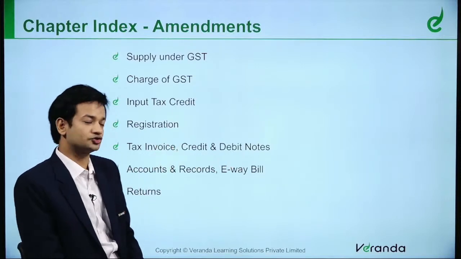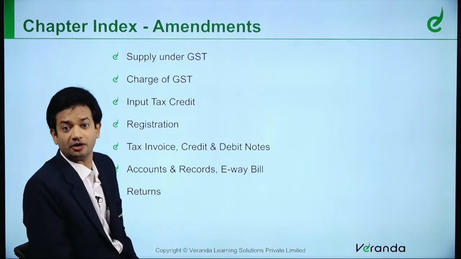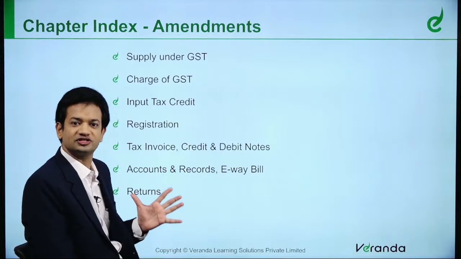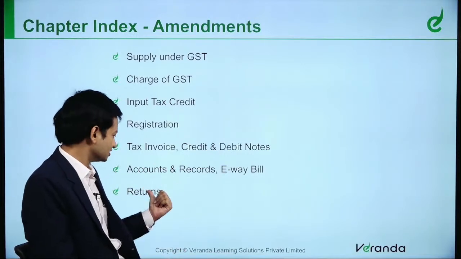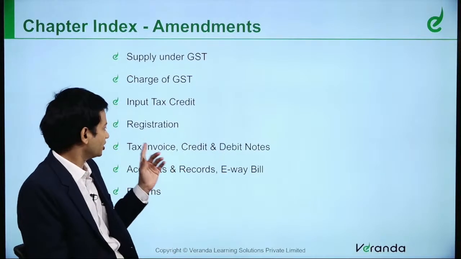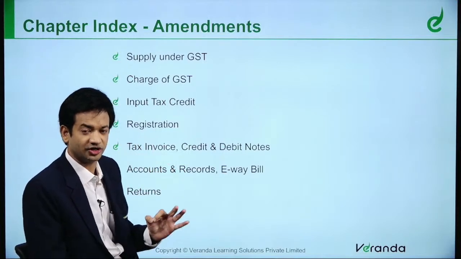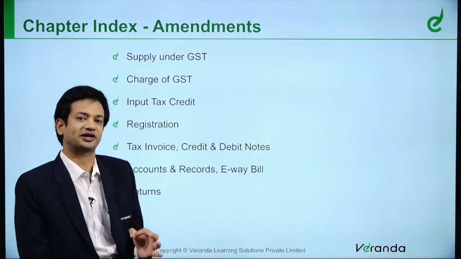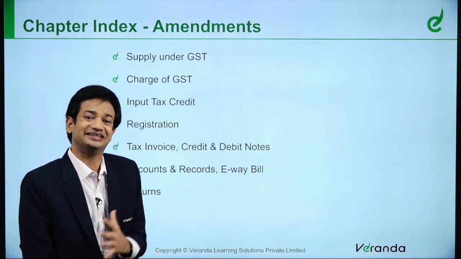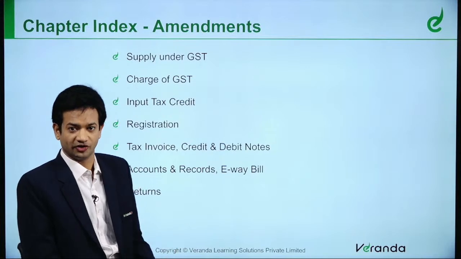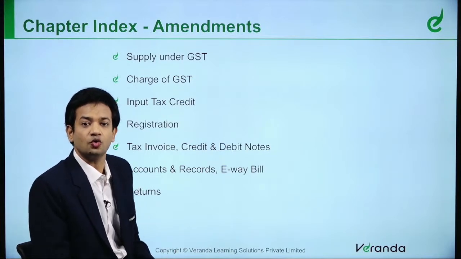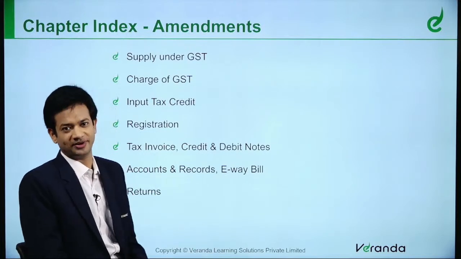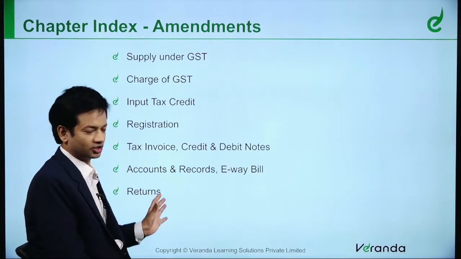Then comes returns. In this chapter, returns, we have certain major amendments. I would say the major highlights of these amendments for your exams are the returns chapter and tax invoice. Because for e-invoice you can definitely expect a question in your exams in December, and for returns you can again expect a question, because there is a detailed scheme for filing of returns called the QRMP scheme, the quarterly returns monthly payment scheme, which is introduced in your returns chapter.